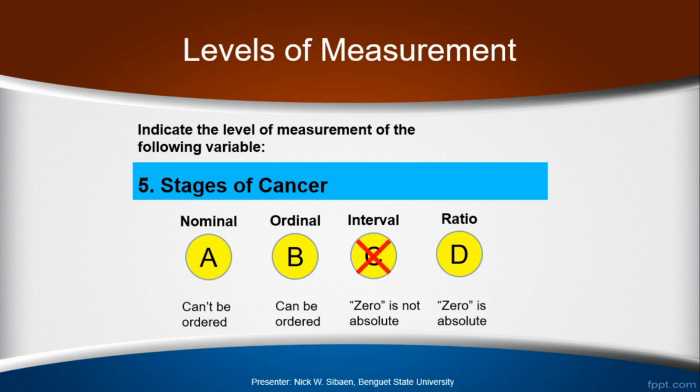And therefore, we have to choose from nominal or ordinal. Can you rank the stages of cancer? Do you have a basis of saying that one category comes first and the others next? Yes. So the answer is ordinal. Stages of cancer is an ordinal variable. Stages of cancer is measured in ordinal level.